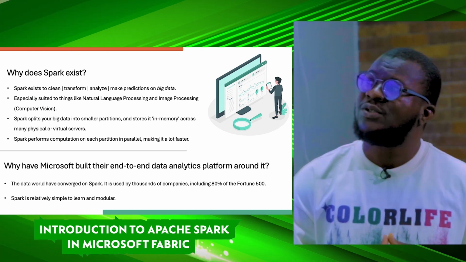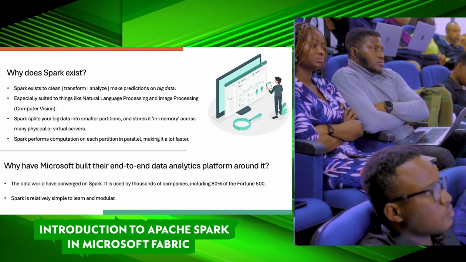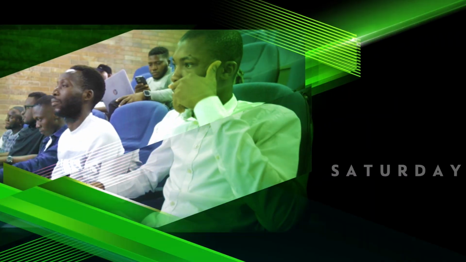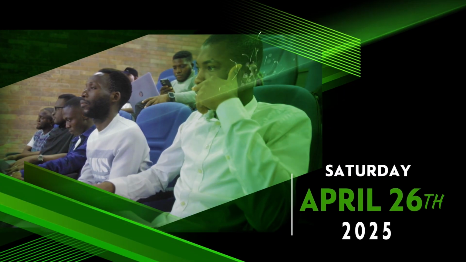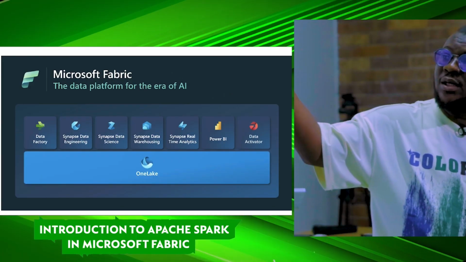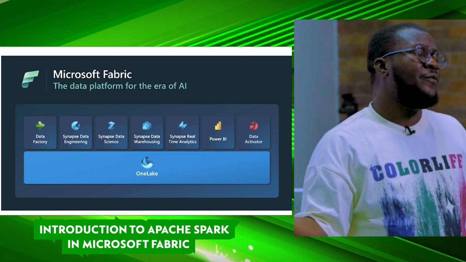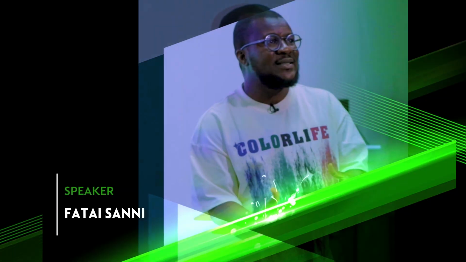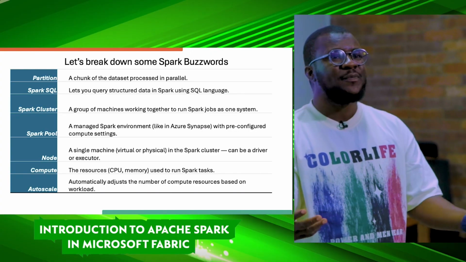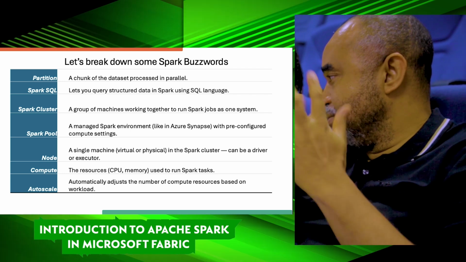Spark is especially suited for things like natural language processing and image processing, computer vision and the like. Spark is powering the data engineering, the data science part of Microsoft Fabric. Remember, in a Spark cluster we're working together. It's like a chain, all right?